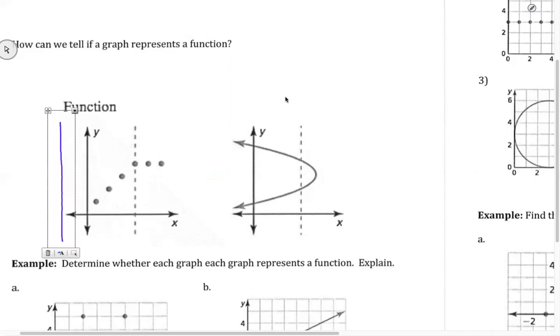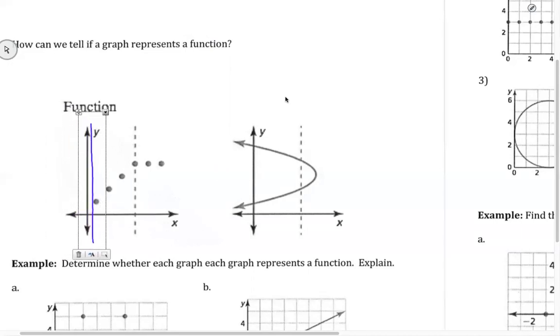Notice my line is vertical, not horizontal. Put your pencil down on your paper, Joey. Lie it vertically, just like me. Ready? We're going to drag it across the graph. And I want you to notice something.